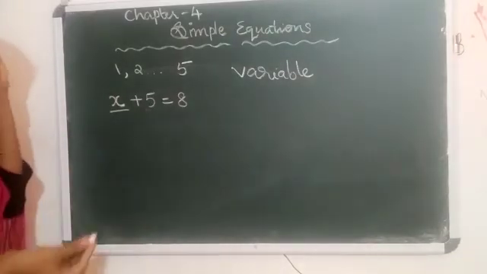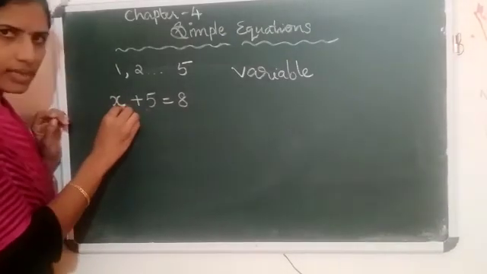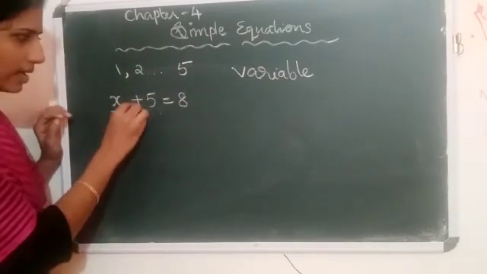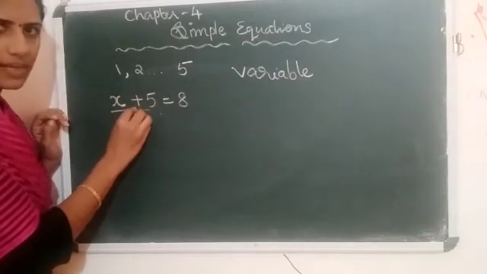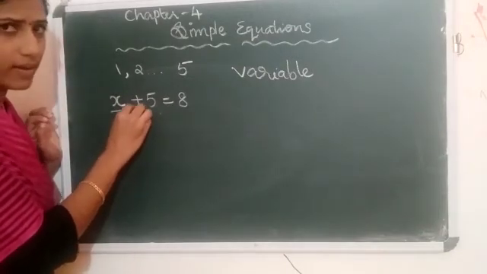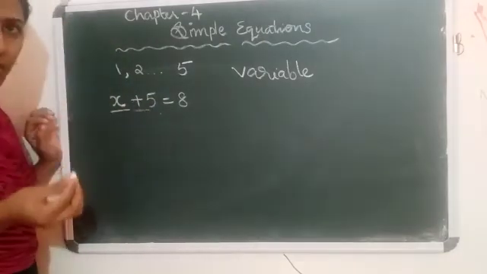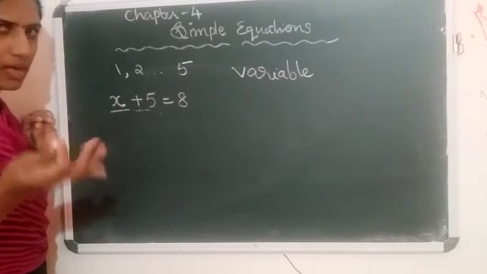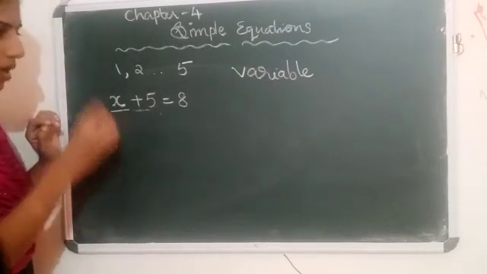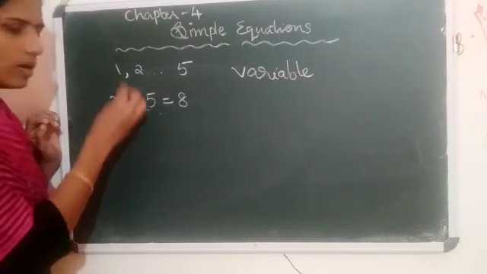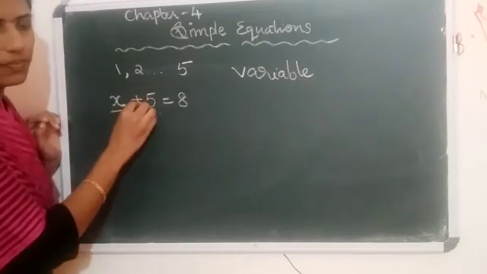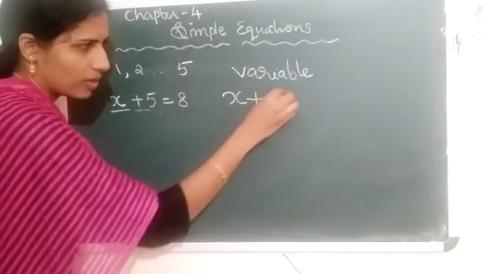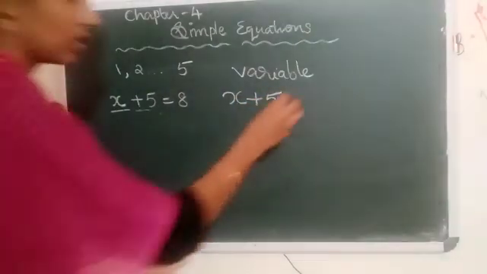Now, when this X is added with the 5, you see this plus sign; this is called an operation. In mathematics, how many fundamental operations are there? Addition, subtraction, multiplication, division, etc. So when a variable is combined with an operation, we get one expression.